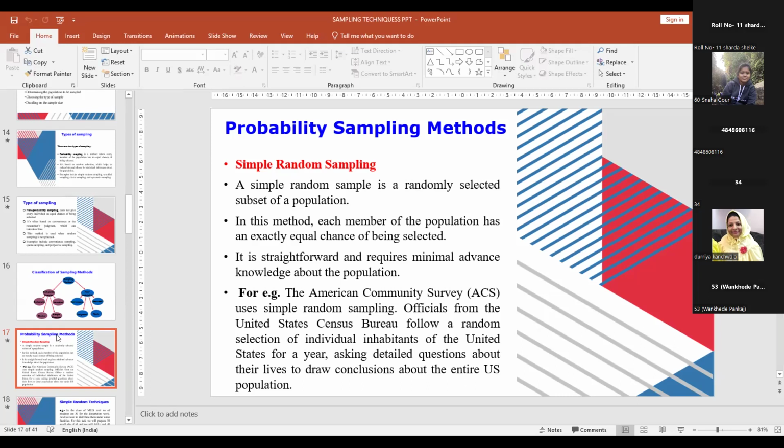For example, the American Community Survey uses simple random sampling.